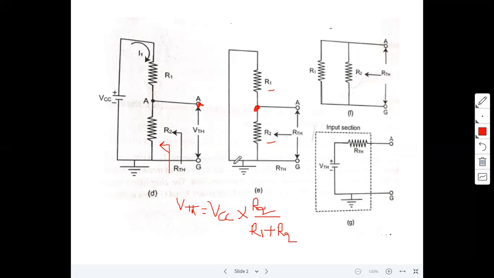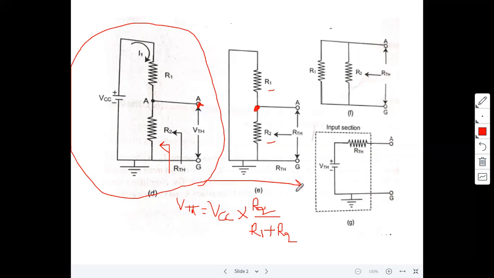Now finally we replace this complete circuit with a simple V Thevenin and its equivalent R Thevenin. Whatever the circuit, the three components here, VCC, R1 and R2, can be replaced with only two components.